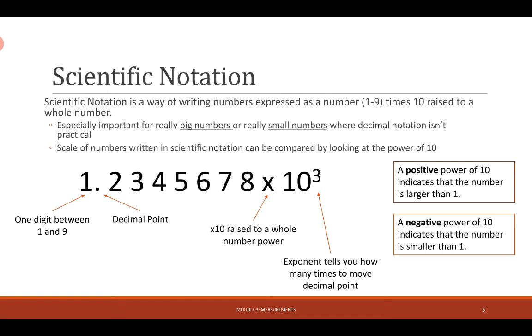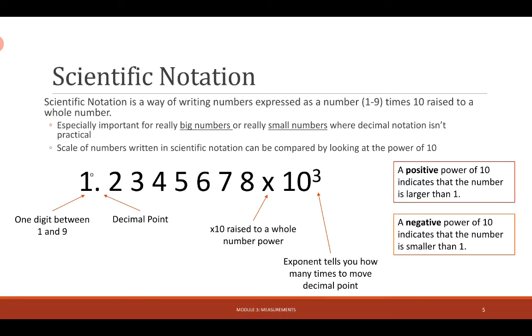Scientific notation is a great way of writing numbers when we're dealing with either extremely large numbers or extremely small numbers, because then we don't have to sit there counting how many zeros are in the number to try to figure out which place the 1 is in.